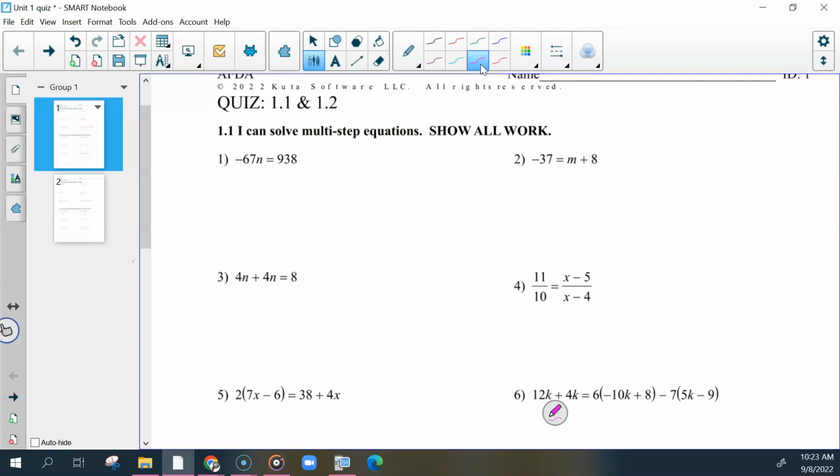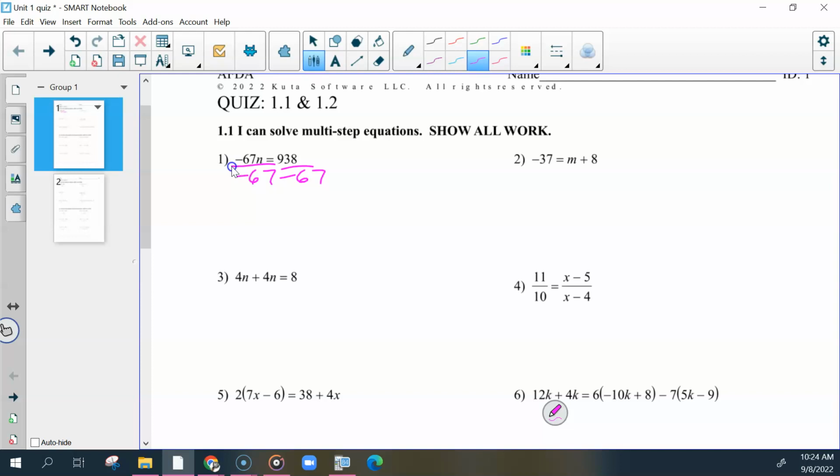Alright, this first section, the majority of you did well. It was really the bottom section, which I understand can get confusing. So for number 1, you should have divided both sides by negative 67. I did see some subtracting or some adding. I think that's because we forgot that these were multiplying and then did the opposite and added, and I understand that.